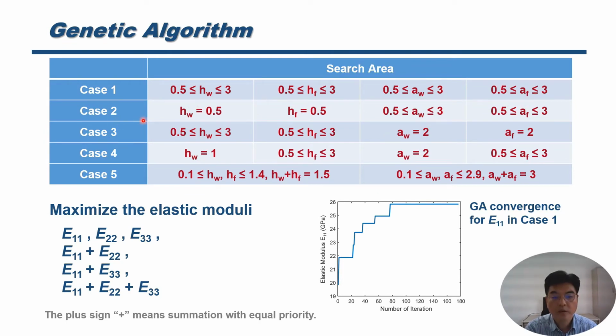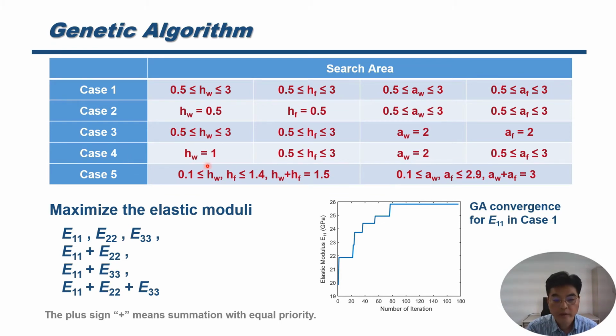In case 2, we fixed the thickness of the field and web strands, and then we changed the width of the field strand and web strand. In case 3, we fixed the width of the field strand and web strand, and then we searched for optimized values of the thickness of the web strand and the thickness of the field strand.